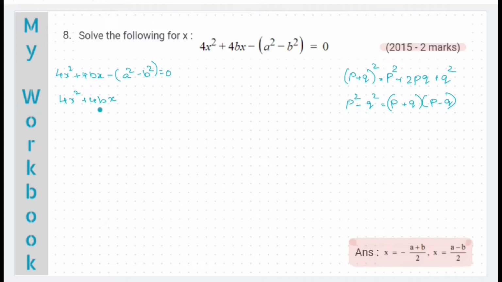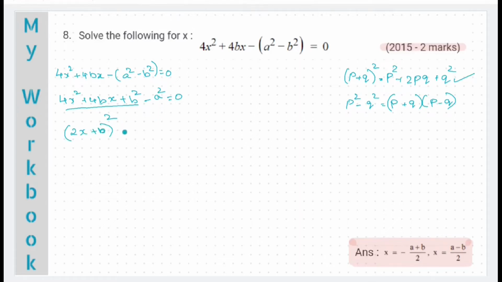Since it involves b, I'm bringing the b square closer. So minus of minus b square will be plus b square minus a square equal to 0. Now if you observe the first three terms, it is similar to the first identity. We have 4x square plus 4bx plus b square. This can be written as (2x plus b) the whole square.